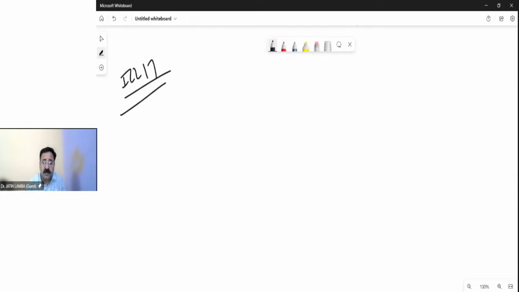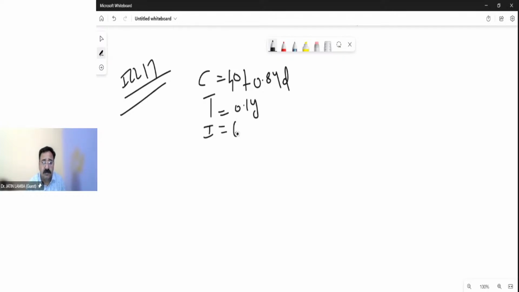Consumption is 40 plus 0.8 YD. Tax is 0.1 Y. Investment is 60 crores. Government spending is 40 crores.